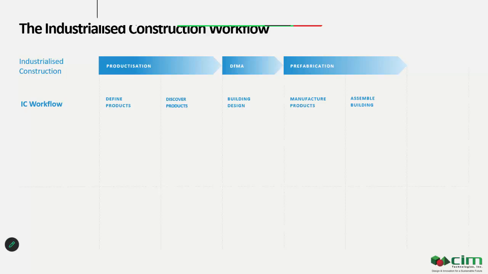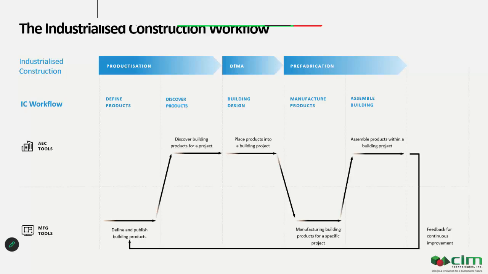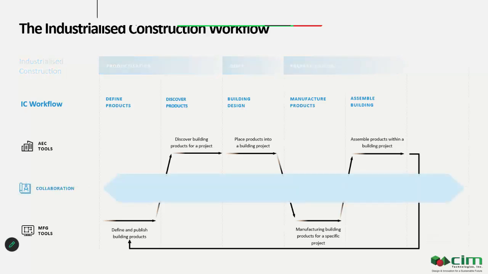Then, of course, you fabricate this. Manufacture assembly drawings, and so here we have the tools from the manufacturing and for the AEC. So it always starts in the manufacturing. So of course, to bridge that gap is the ating collaboration mapping.